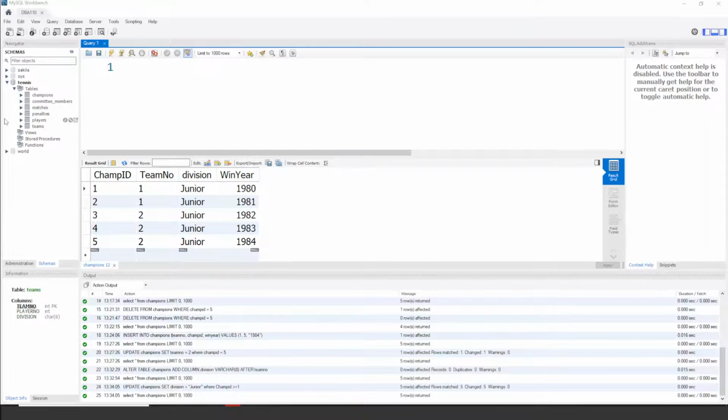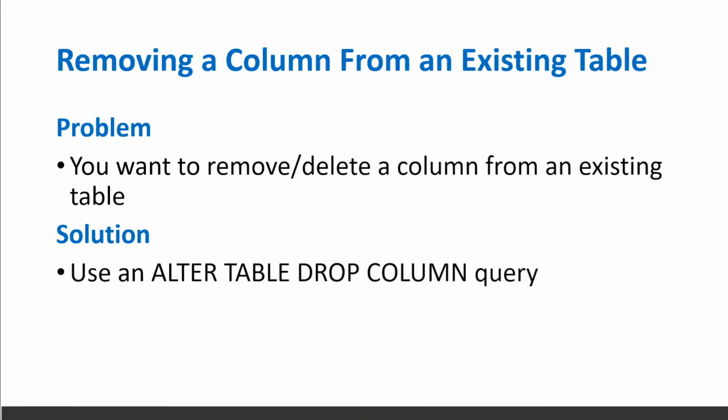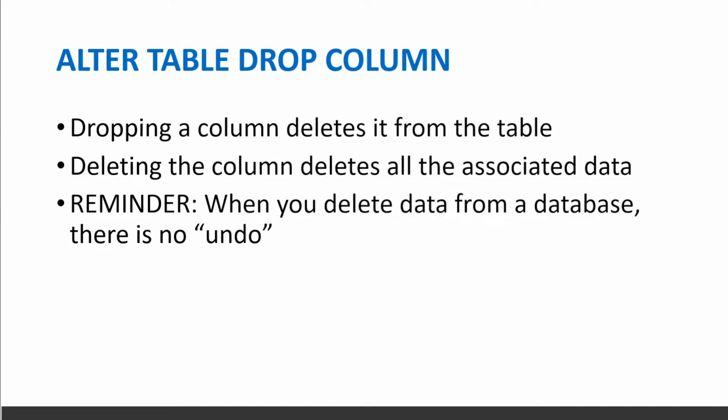And if we wanted to get rid of a column in an existing table, we would use a drop column query. Dropping the column deletes it from the table, and it also deletes all the associated data. And remember, there is no undo.